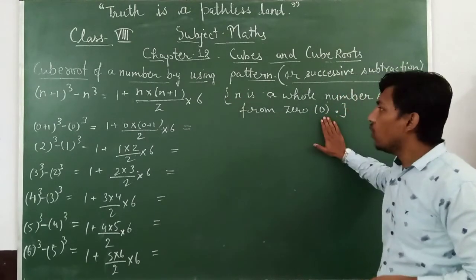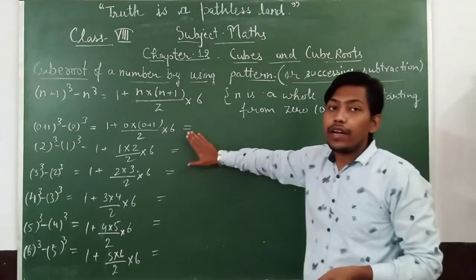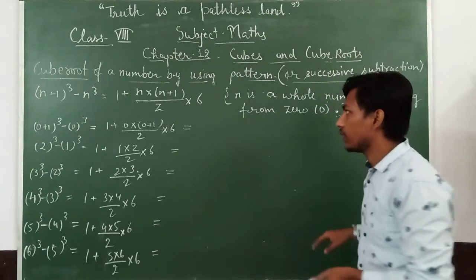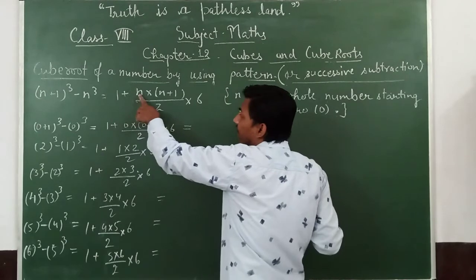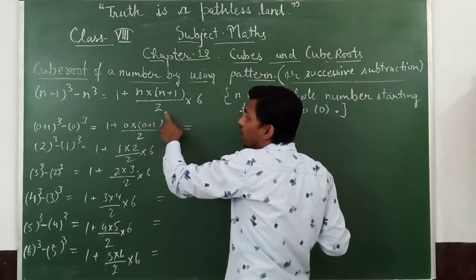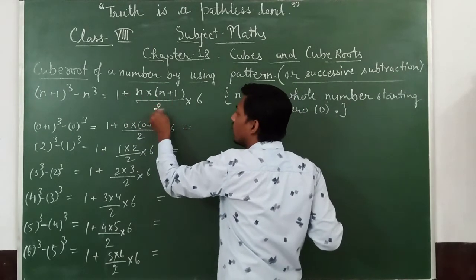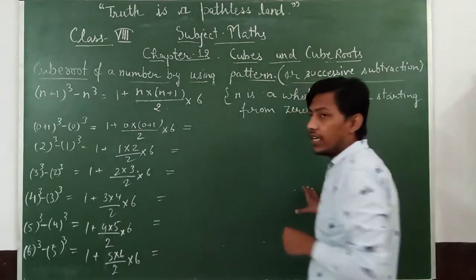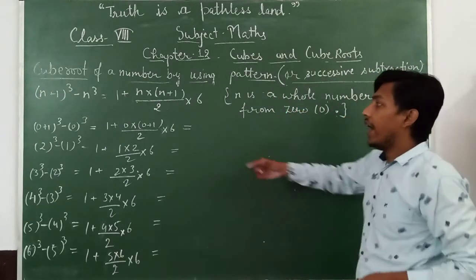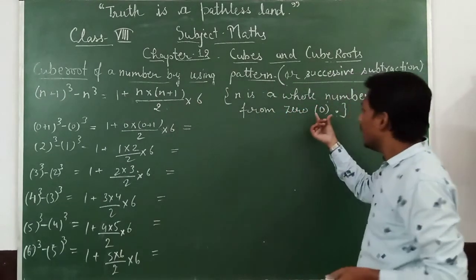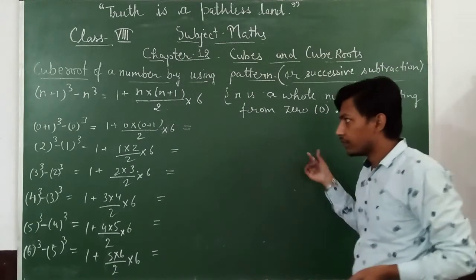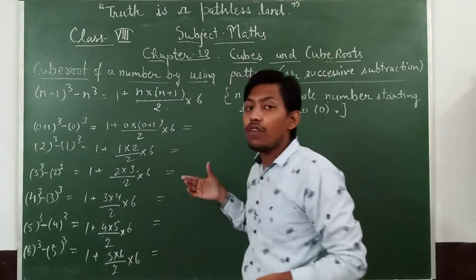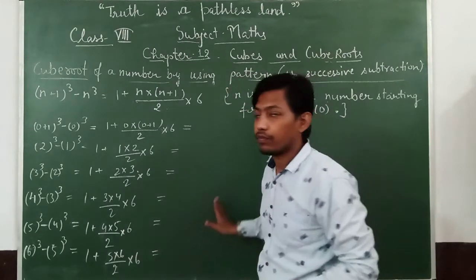Starting from 0, we find the numbers from this pattern. The formula is 1 plus n multiplied by (n plus 1) divided by 2, into 6. And n can be 0 or any other whole number.